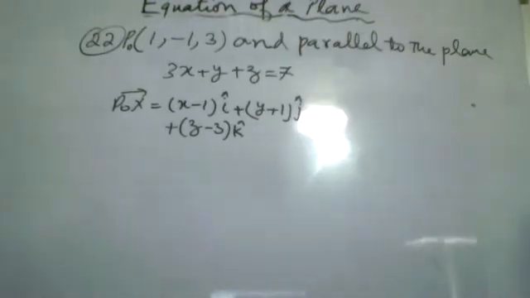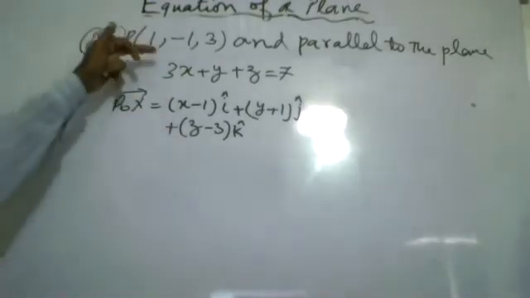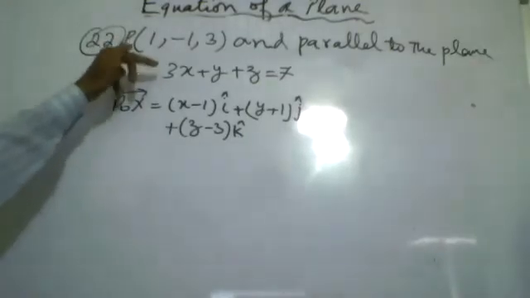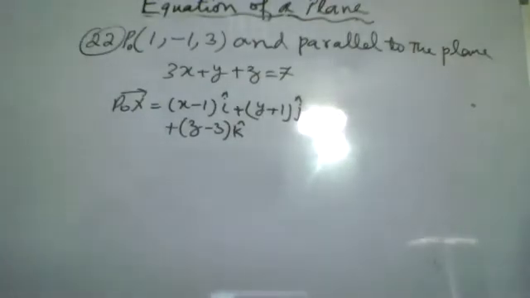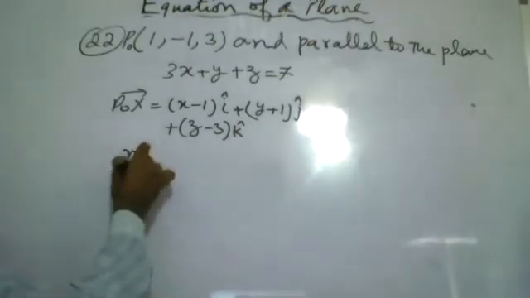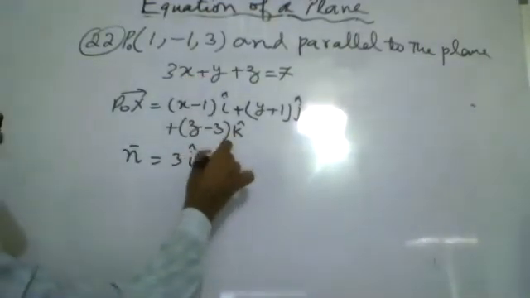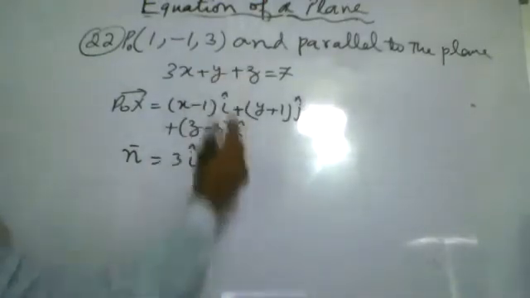Now we will find the vector n, which is perpendicular to the plane. Because the plane is parallel to this one, we'll find the normal vector of this one, that will be the normal to the plane. So n will be equal to 3i plus 1j and plus 1k.